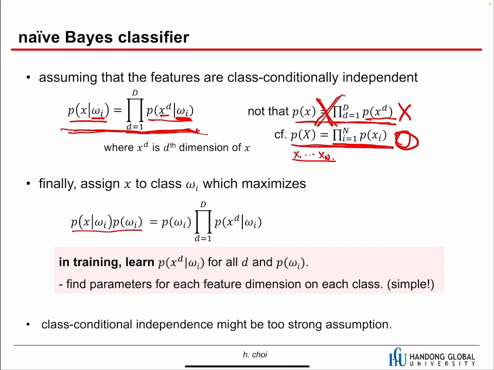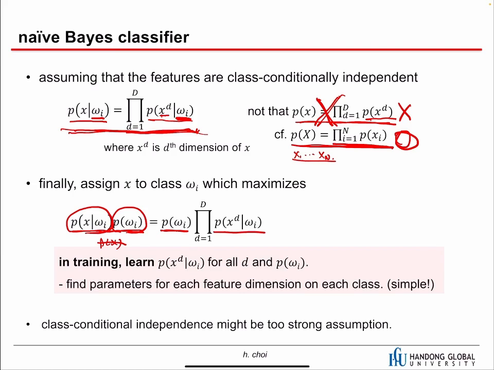This one is actually the posterior without p of x, because as I said, we don't care about p of x at this moment. So this one is actually the posterior, and this one is given like this, and this part can be decomposed into the features.